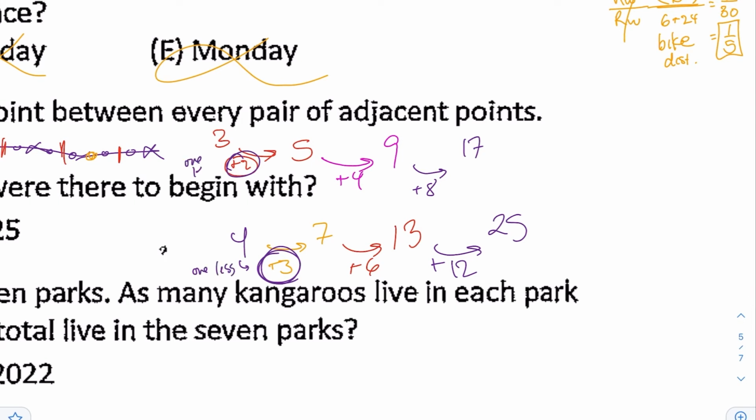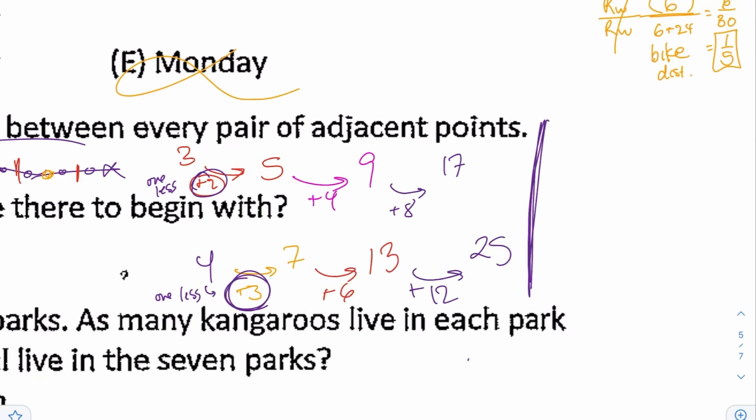So this is the pattern that we get after modeling the problem with smaller numbers. If you start out with X number of points, then to get to the next number, you have to add X minus 1 points, because it's always 1 less at first. And then to get to the next round, you'll be doubling this number.